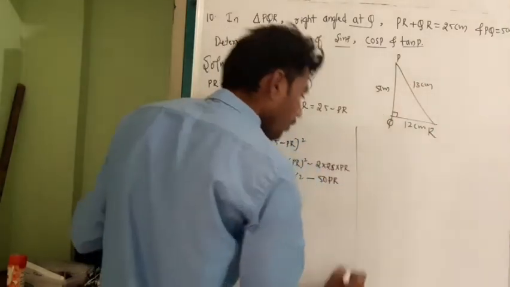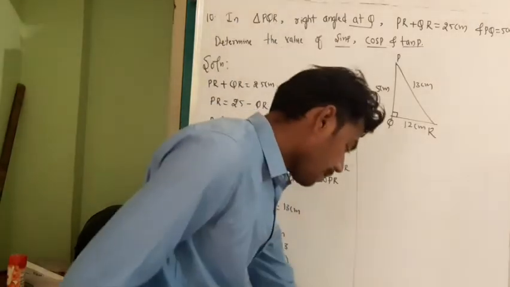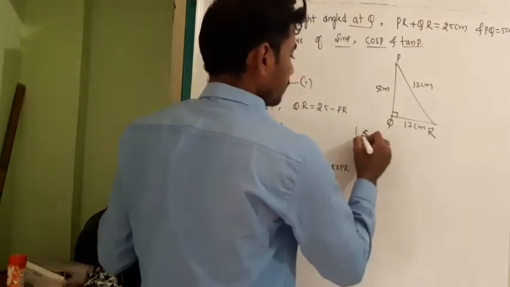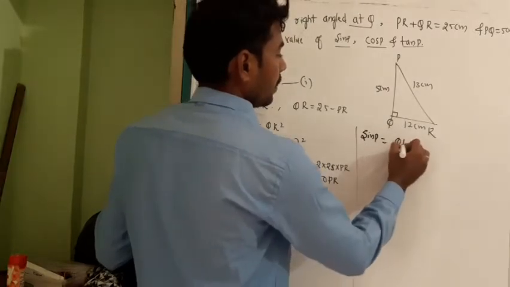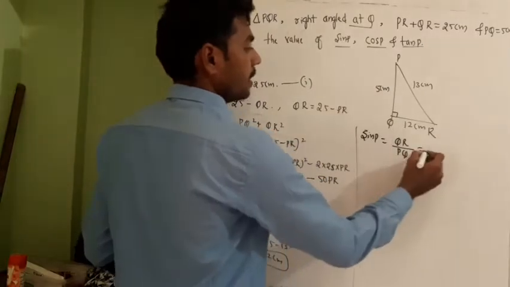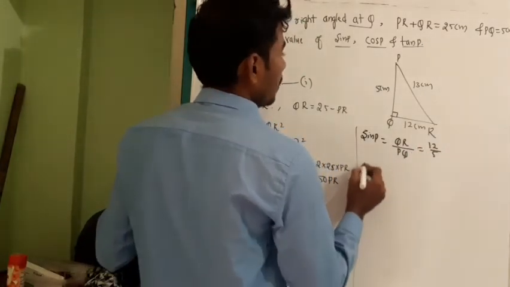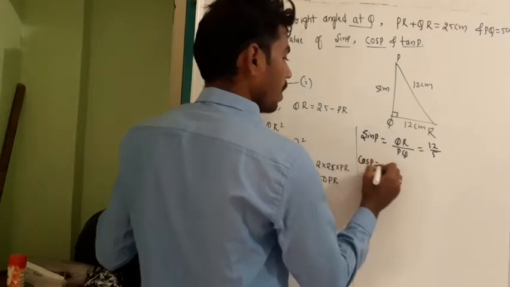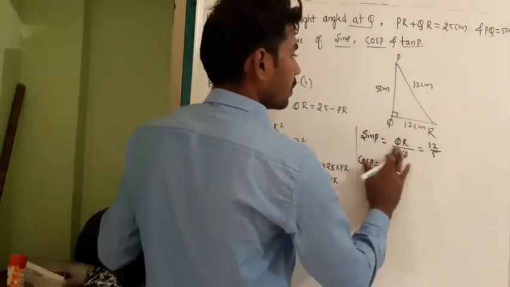Now what we need to find, we need to calculate sin P. Sin P is equal to QR by PQ, opposite by adjacent, that is 12 by 5. Next, cos P, adjacent PQ, sorry.